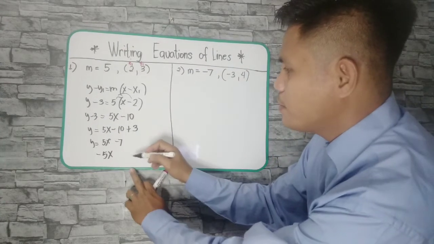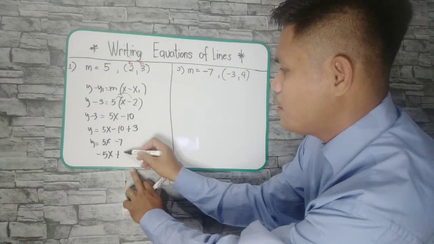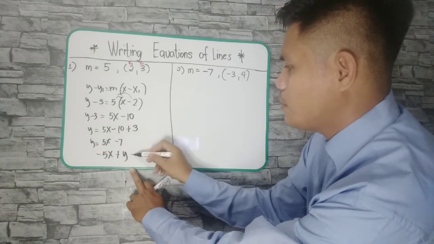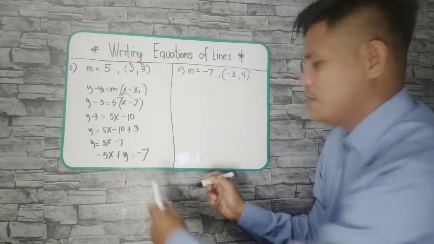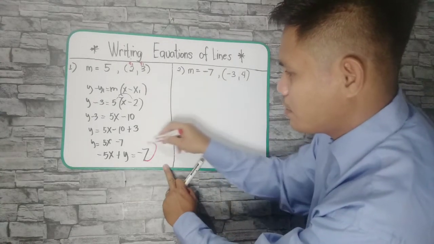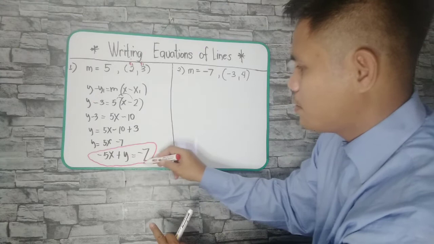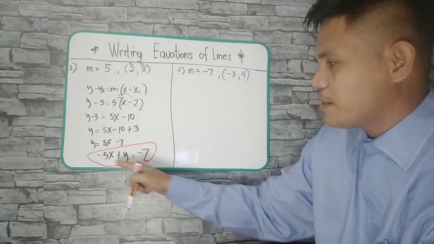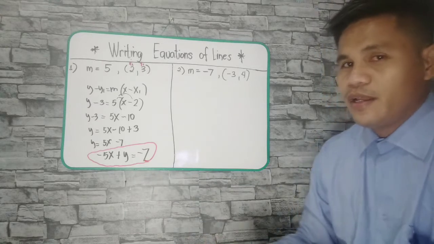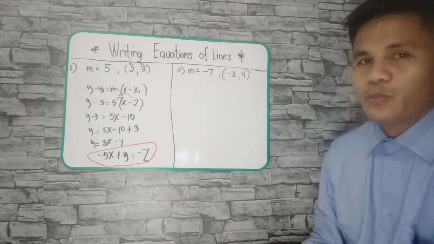And then just copy positive y and then equals negative 7. So there you go. This will be our final answer: negative 5x plus y equals negative 7. Let's proceed to the next problem.